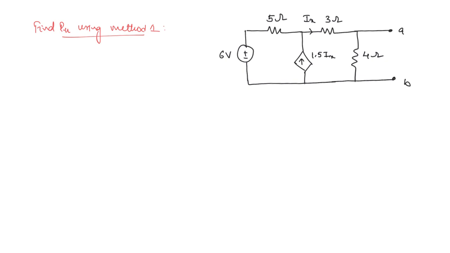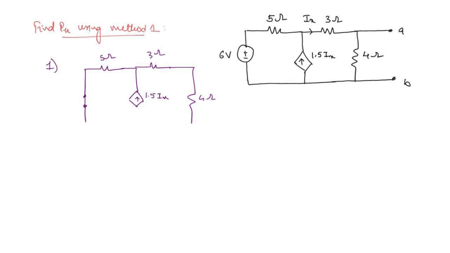You have to turn off all the independent sources, so you're going to replace the 6 volt source with a short circuit. This is 5 ohms, this current is 1.5 Ix, 3 ohms, 4 ohms.